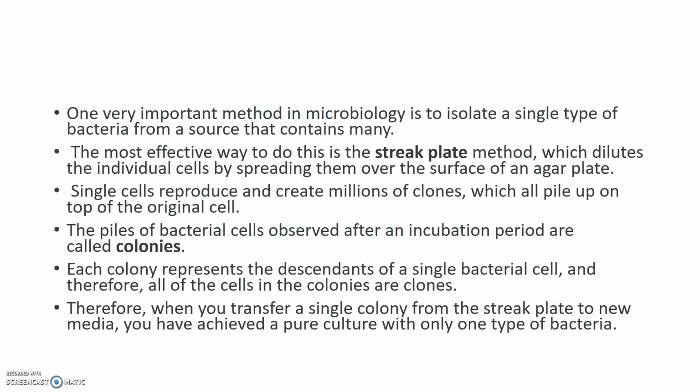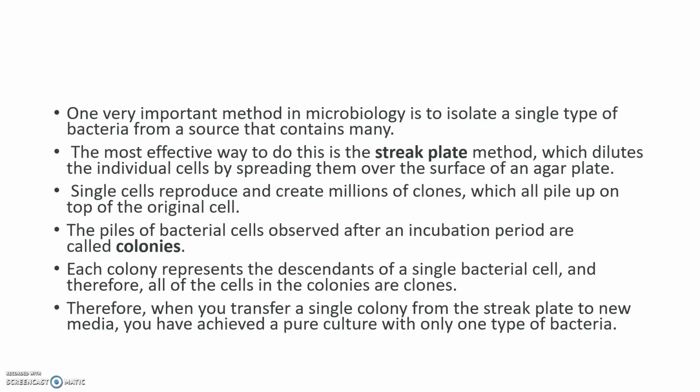A very important method in microbiology is to isolate a single type of bacteria from a source that contains many. The most effective way to isolate a single bacterium from a group is the streak plate method, which dilutes the individual cells by spreading them over the surface of an agar plate.